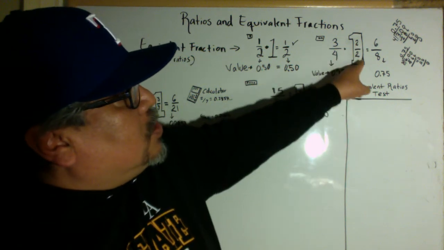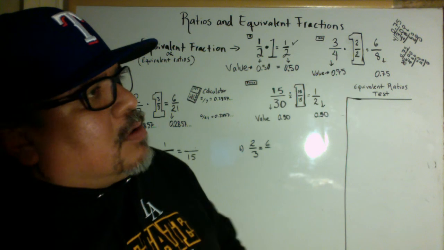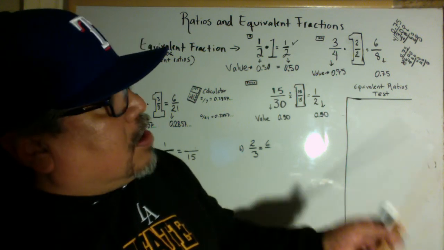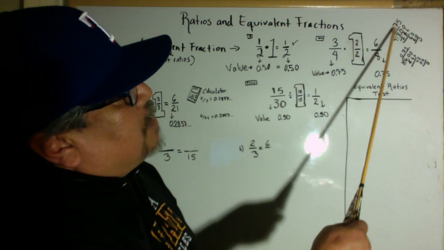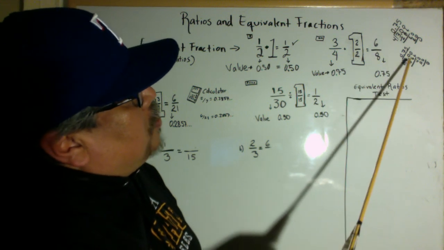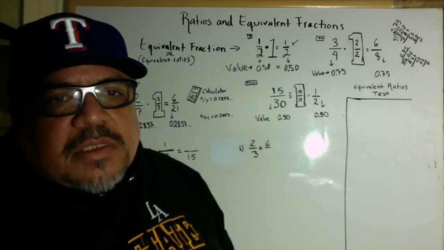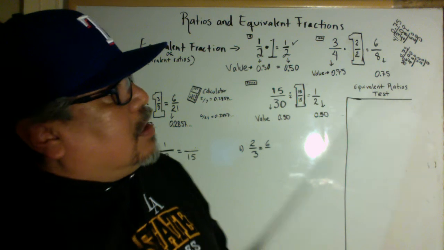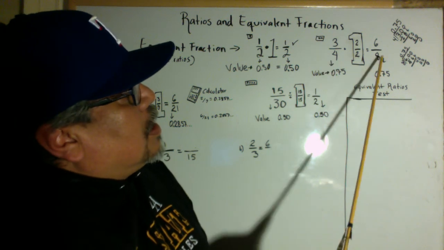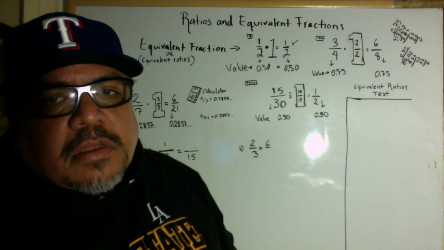This 2 over 2 is actually a 1. 2 divided by 2 equals 1, right? And you can prove it by doing a long division. If you divide 3 by 4, you will get 75 hundredths. And if you divide 6 by 8, you will get also 75 hundredths. That's a proof to see that this and this 6 over 8 are equivalent fractions.